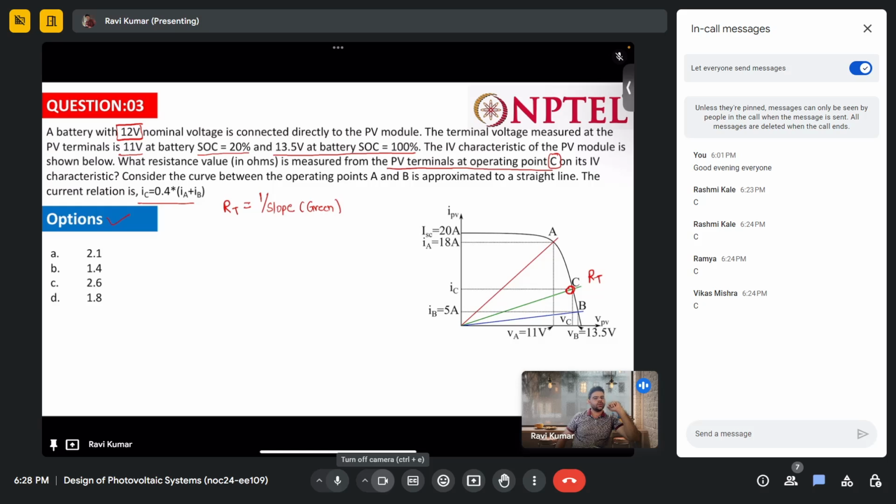And how can you calculate the slope of this line? The straight line, the slope calculation of the straight line.